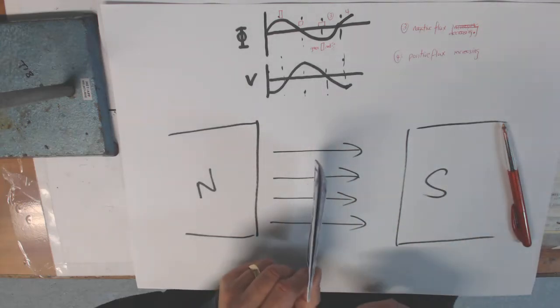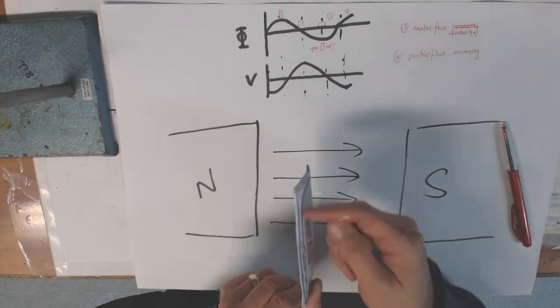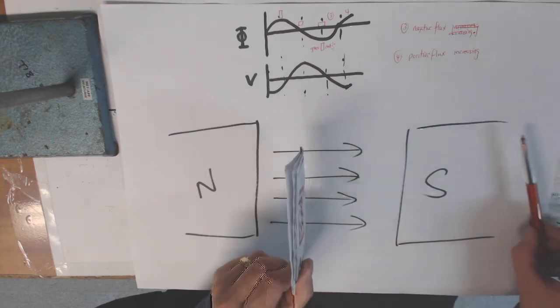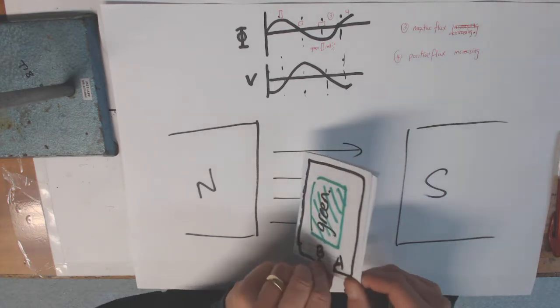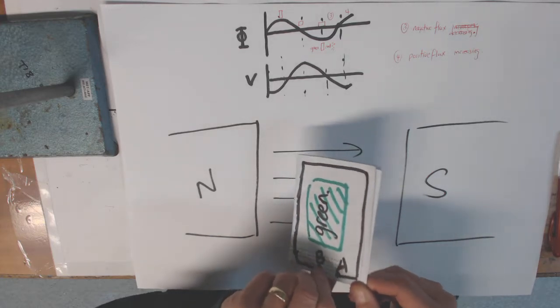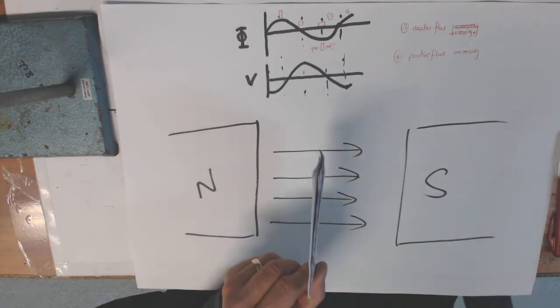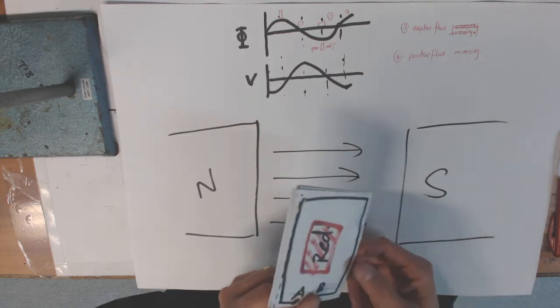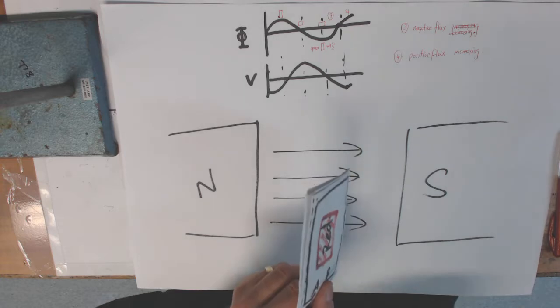Now we want to work out which way the current is going to flow on this coil. The flux is negative and it's decreasing as we do that. So the coil's going to want to produce a voltage that supports that decreasing flux. So all we've got to do is think out which way the current is going to go around here to cause an increase in flux.